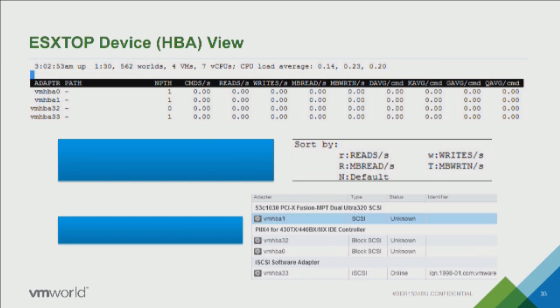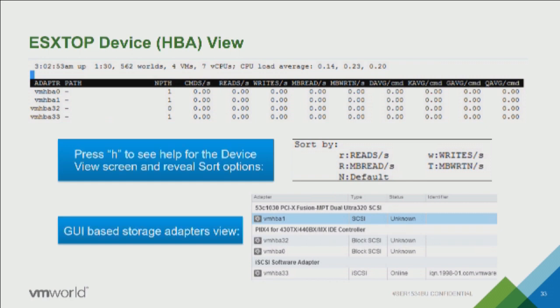Okay. So here we have the HBA view, and what we can see down here is, in some cases, I'm looking at that VM HBA33. Well, what is that? How can I match that up with my storage? And notice from the vSphere client, I can come down here and see this iSCSI software adapter. I see the VM HBA33, and there's my IQN.